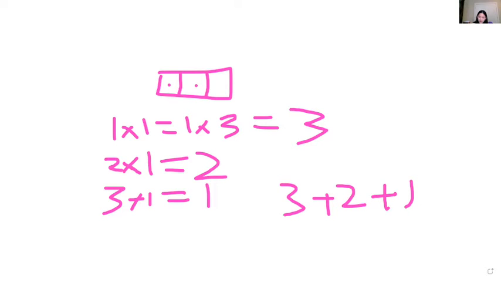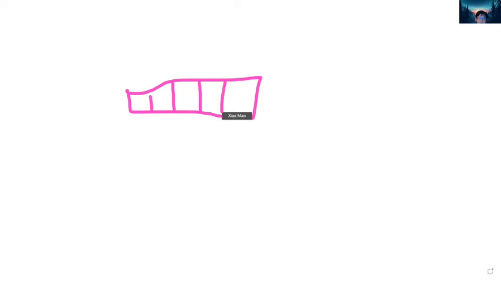So do you want to talk about the one after this? No, for B. Okay, so let's draw it again, with my terrible drawing skills. Okay, so this is it basically.